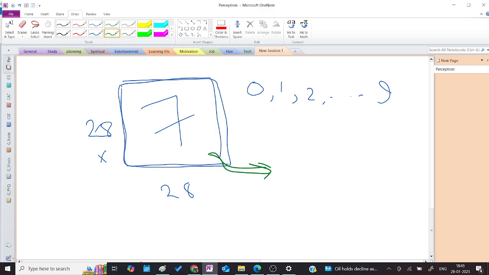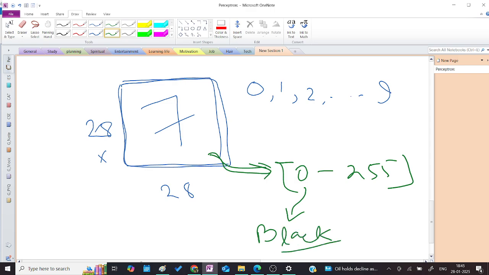The value can be from 0 to 255, right? If it is a 0, then we say it is black, proper black, complete black.